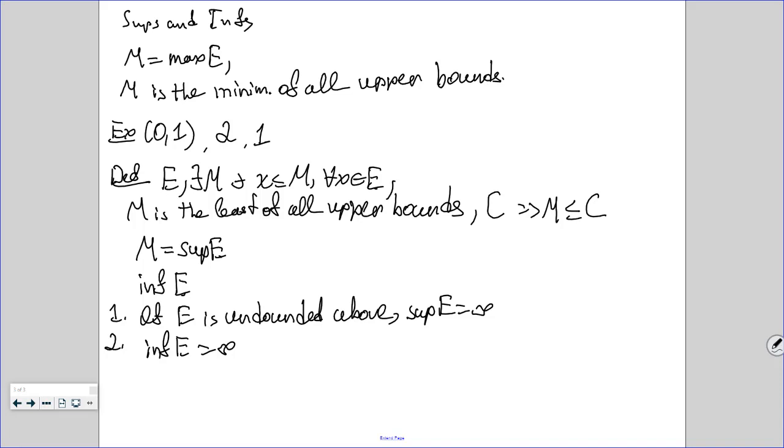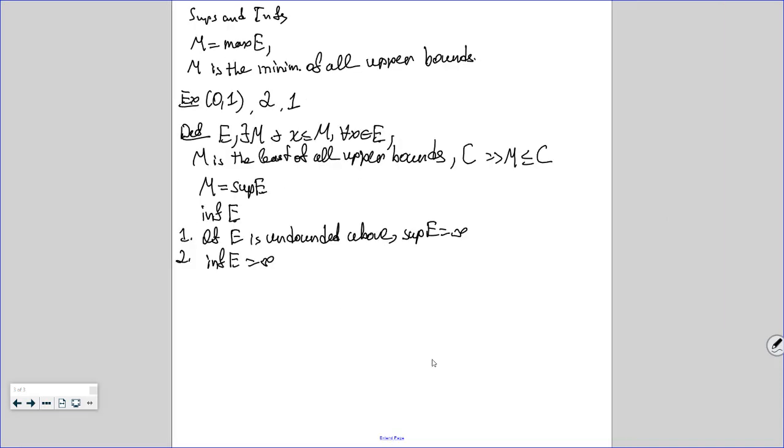Any example of a non-empty set that you are able to visualize that has an upper bound will also have a least upper bound. The good question is, is this always true? It turns out that the answer is yes, and the property is known as the axiom of completeness.